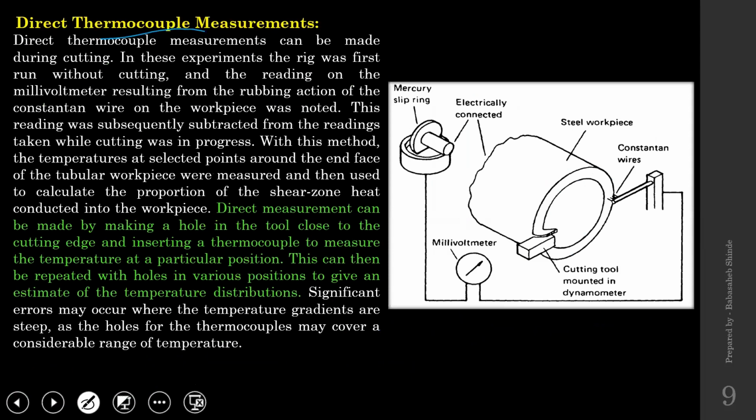Because what we can do now, if I want to measure the temperature somewhere along the tool, I will take one more wire and connect it to the cutting tool at that particular position. Along the tool itself, if I want to measure temperature on this end, then I will take one more wire and connect it to that point. So that way you can use multiple thermocouples, not in the same system.